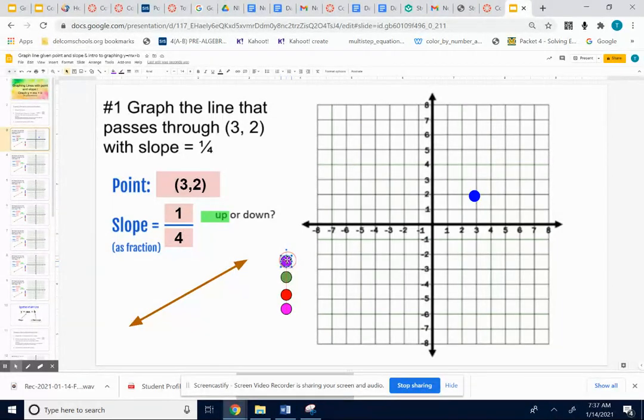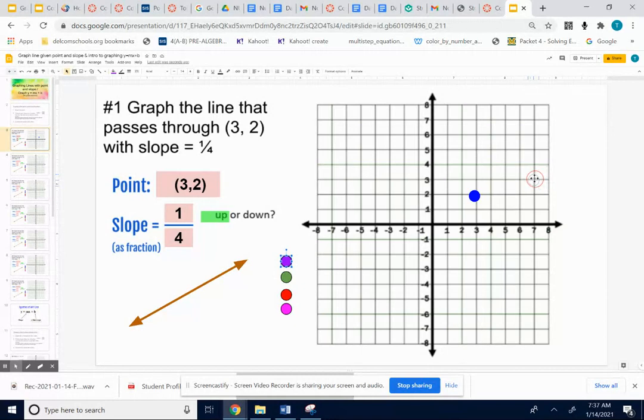You may not do it this way, but I'm just going to use my right finger to guide it. I'm going to put it over the original point for a second. From my (3, 2), I'm going to go up 1 space over 4. I counted up 1 space over 4 spaces.